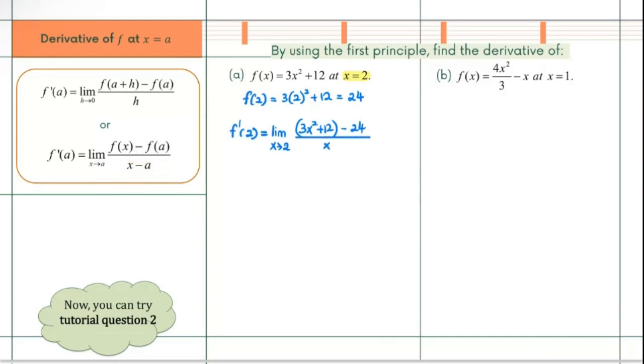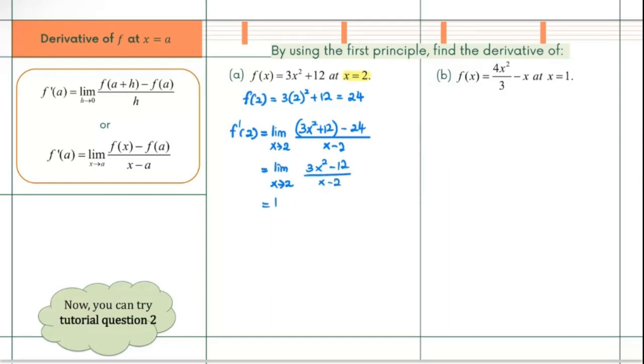So kita akan buat x minus 2. Okay, kemudian simplifykan dia dahulu. So saya ada 3x square, so 12 tolak 24 dapat negatif 12. So 3x square minus 12 divided by x minus 2.